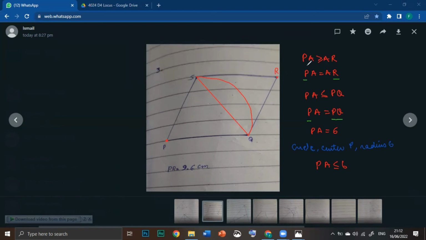Sir, towards R. So we should be on the right of the perpendicular bisector and inside the circle. Okay, sir. And this one is the required region.